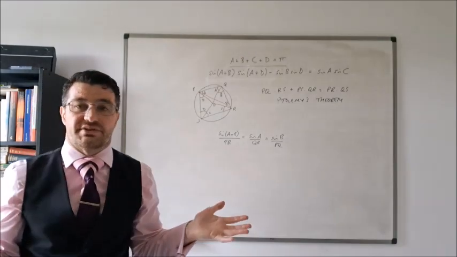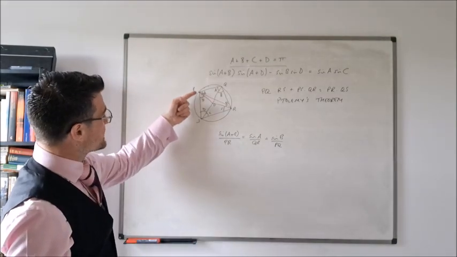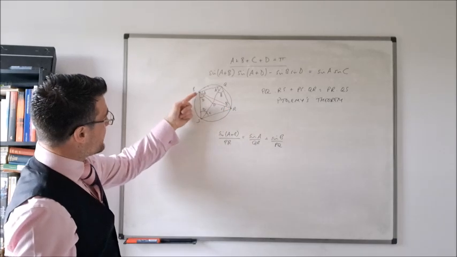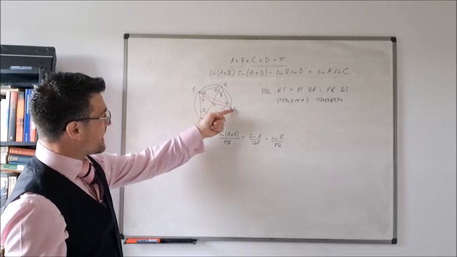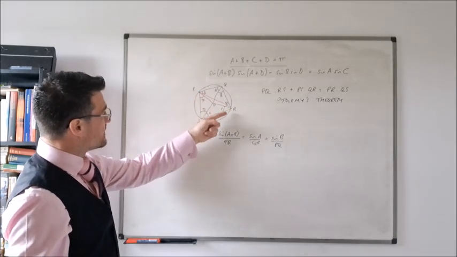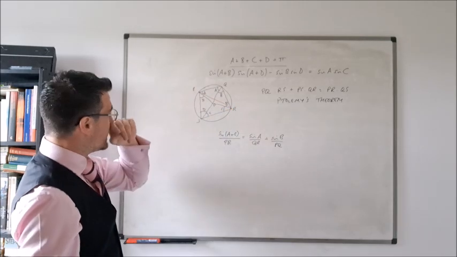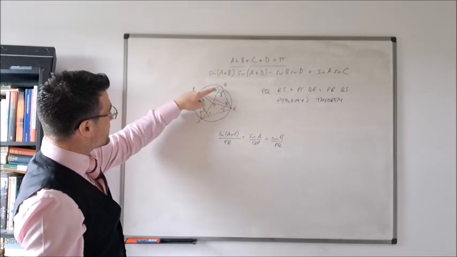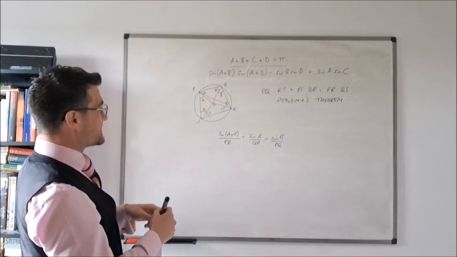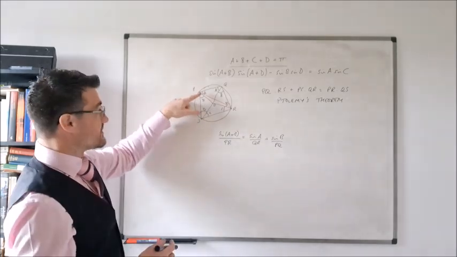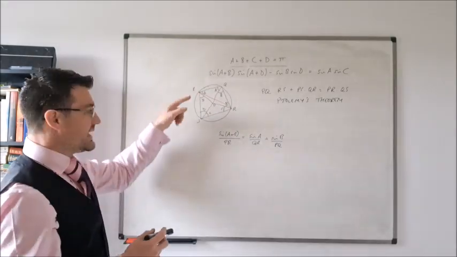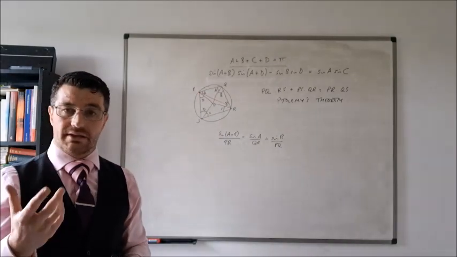Okay, why doesn't this work? Well, because unfortunately, this line that I've drawn from P to R, the triangle that's formed, PQR here, the relevant angle is not equal to A. It's equal to A minus a bit.